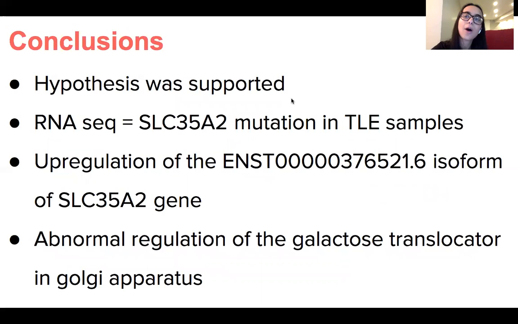So basically, the hypothesis of variability between the 3 different groups of temporal lobe epilepsy, mild malformation of cortical development, and dual pathology was supported due to the different transcriptome abnormalities between TLE and FCD, as you can see in the graph, where about 14 out of 17 were upregulated for temporal lobe epilepsy, but only 1 was upregulated for focal cortical dysplasia.